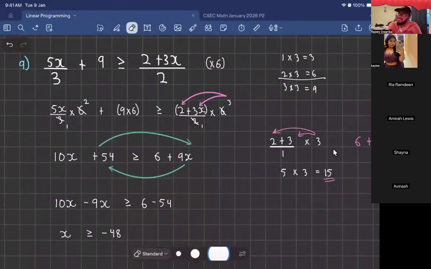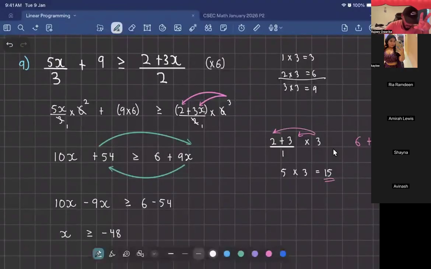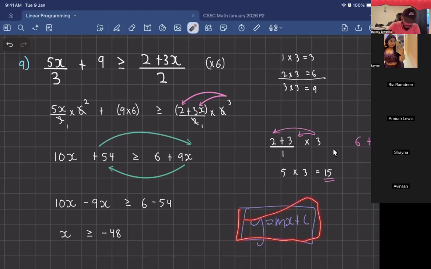Did you ever see something like y is equal to mx plus c? If so, you did do coordinate geometry. You just probably didn't know it, which is fine. Keely, what about you? I think I did that. I think so, yeah.